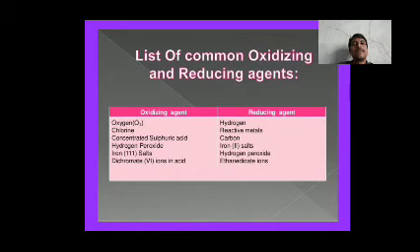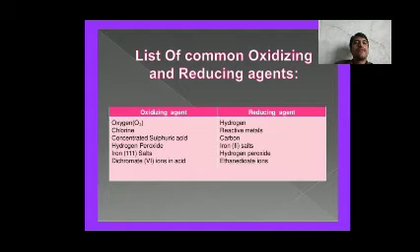Oxidizing agent: concentrated sulfuric acid. Reducing agent: cation. Oxidizing agent: hydrogen peroxide.